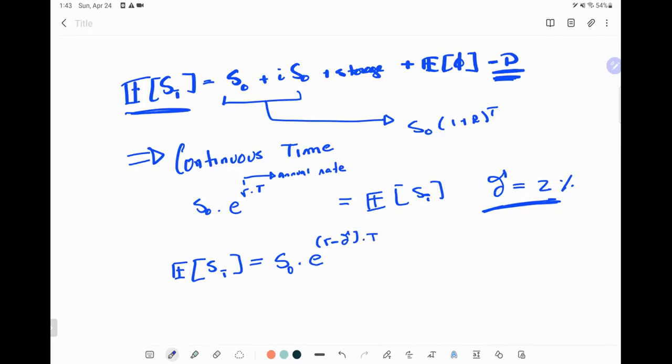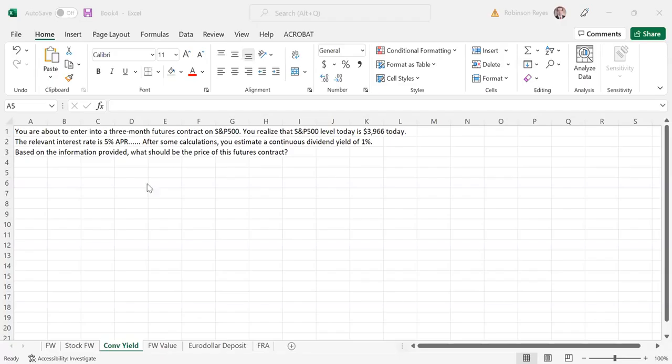So that's it. Let's now switch to the problems we see in the practice quizzes, and it will become very straightforward to solve. The moment you read the problem, let's just type the different values we see.